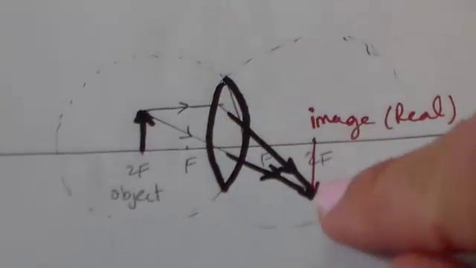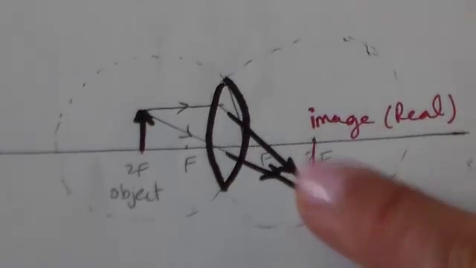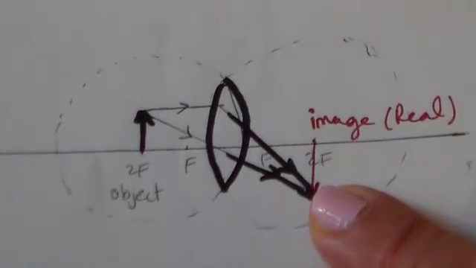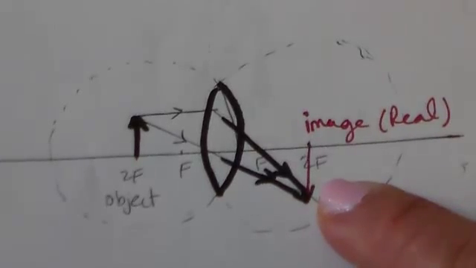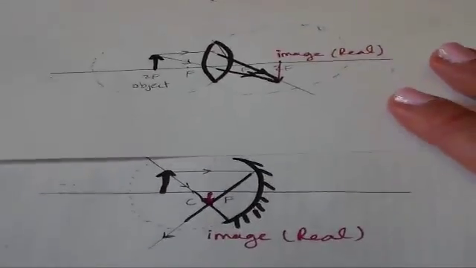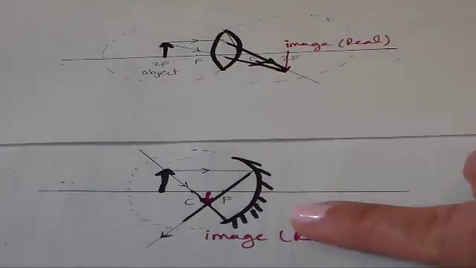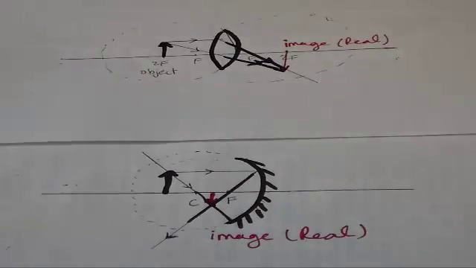These rays are converging. As you see, they actually get together, and this creates the image which we call real. As you know, real images are all inverted, whether it's a lens or a mirror. The real images are both inverted, as you see here.